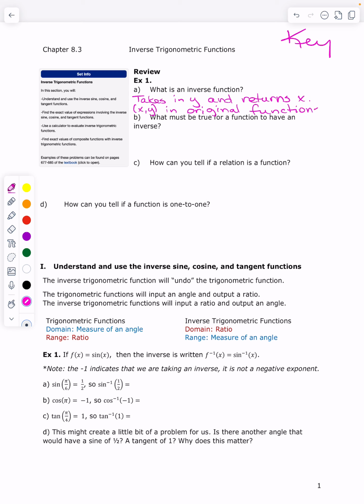So when we talk about inverse functions, we are talking about functions that undo our original function. So if you need it a different way, they undo the original function.